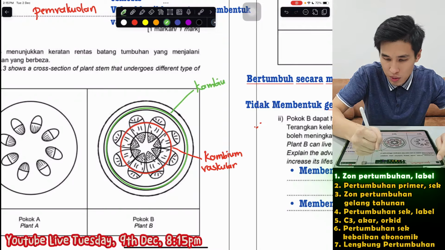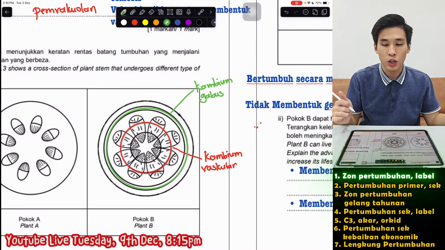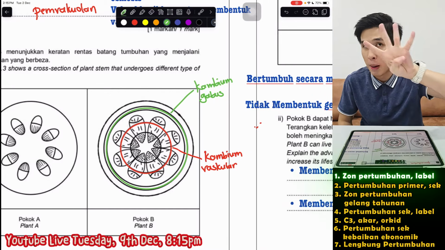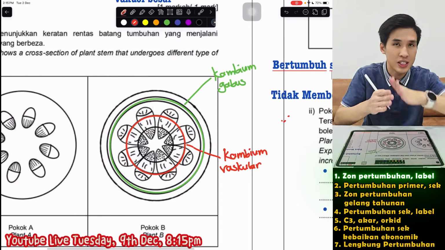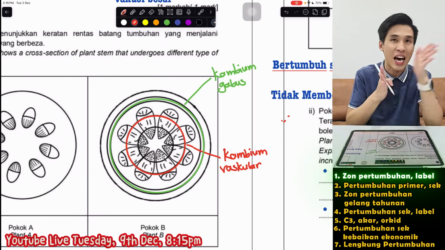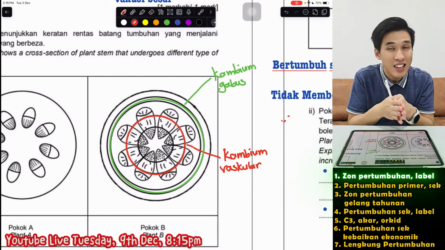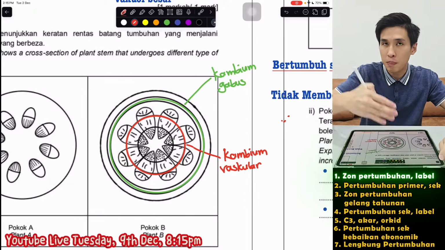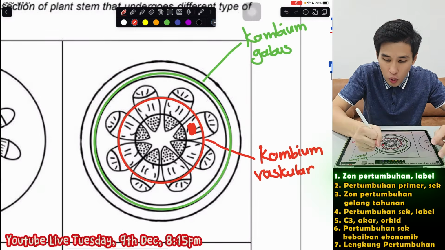So these 2 kambium, dia akan menjalani proses yang sama, mitosis, dan dia akan mitosis ke dalam dan keluar. So in total kita ada 4 tisu yang baru terbentuk. Okay, so for kambium vaskular, dia akan membahagi mitosis ke dalam dan keluar untuk membentuk xilem dan floem yang baru. So if you don't know, kambium vaskular is membentuk xilem dan floem punya tisu. So semasa pertumbuhan sekunder, they will form xilem sekunder, floem sekunder.